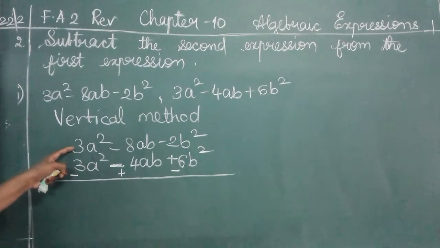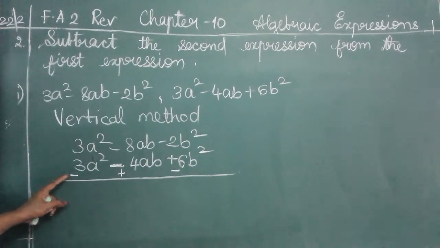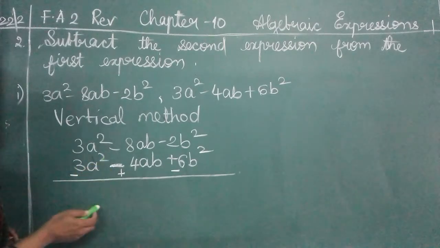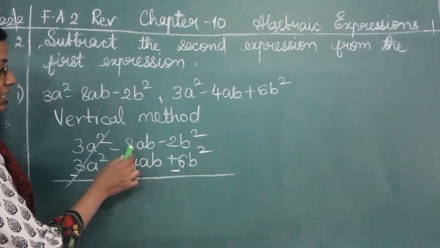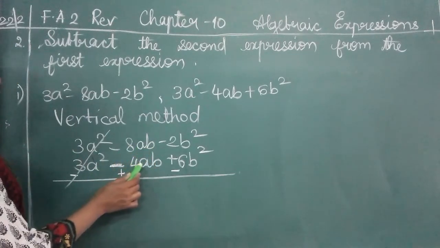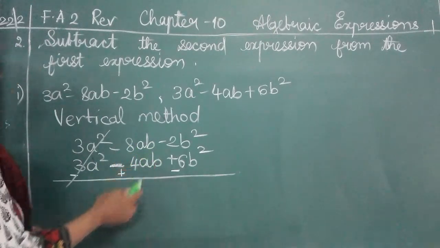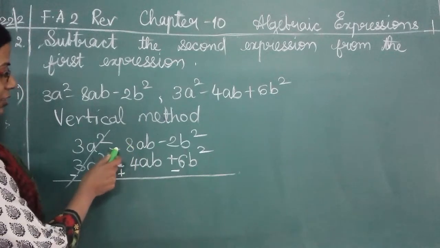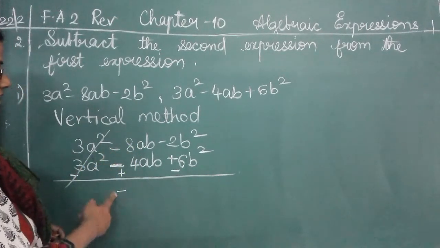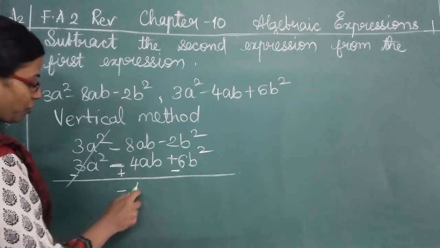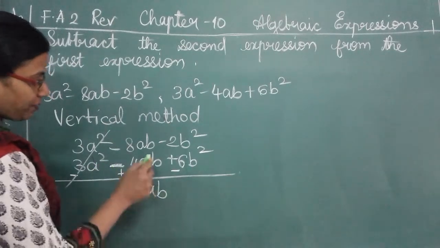Now 3a square, look at the below sign, minus 3a square. This is going to be 0. Then minus 8ab plus 4ab. So it is minus and plus. So greater value is minus. So let us write minus. 8 minus 4 is 4ab.